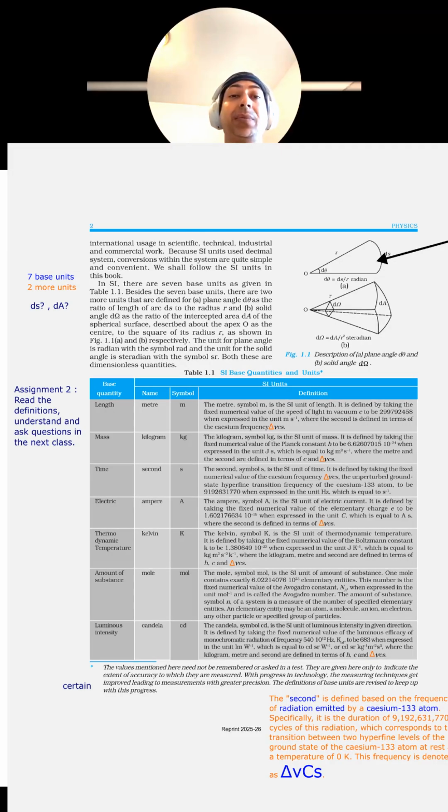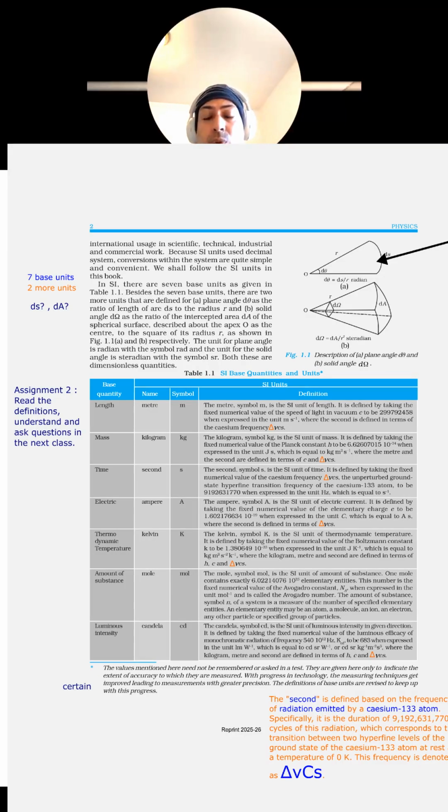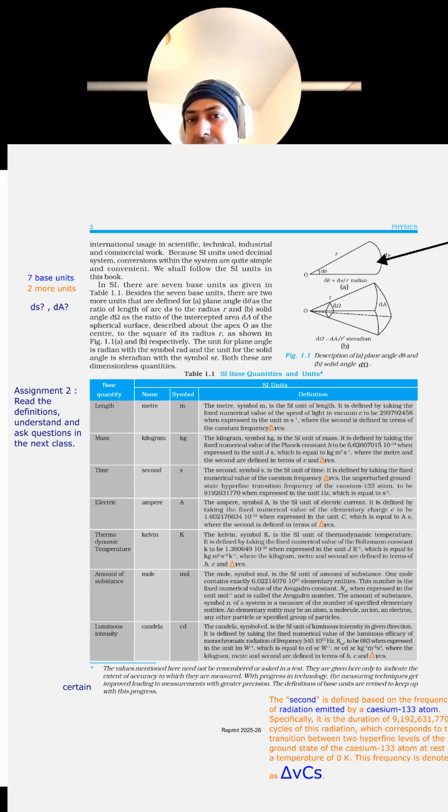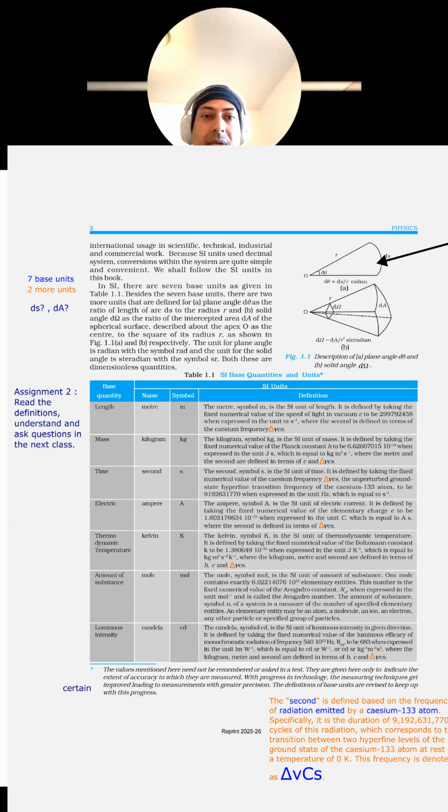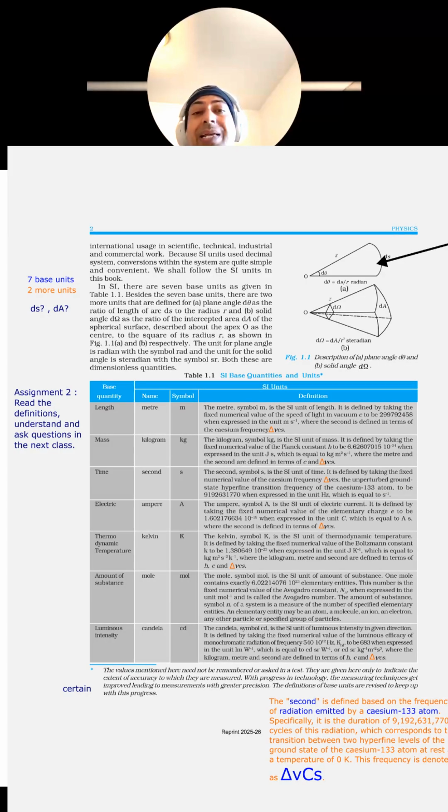In MKS system, they were meter, kilogram, and second respectively. So the system of units which is at present internationally accepted for measurement is the Système Internationale d'Unités, French for International System of Units, abbreviated as SI.